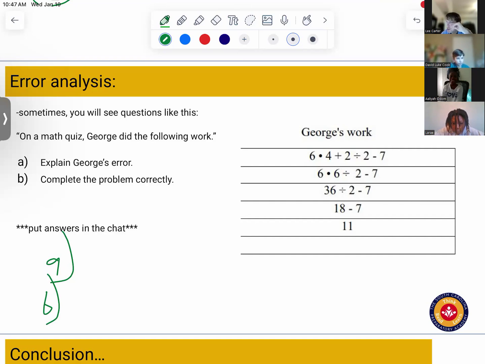Okay. That part's correct, Shelby. Now just give me the answer. Well, Sage, he did do the wrong operation first, but that's not the first one he should have done.